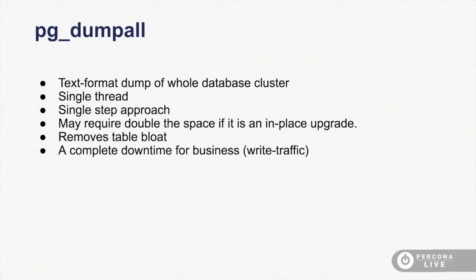That is in case you're doing pg_dumpall piped to psql on the new server. And if you would like to take a backup using pg_dumpall first and then use that backup, which is a text file, to restore to a new server or new version, again that involves much more space. It could be a single step approach because you don't have to deal with users, globals, everything separately.